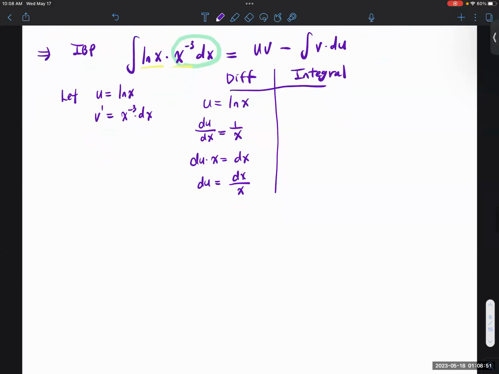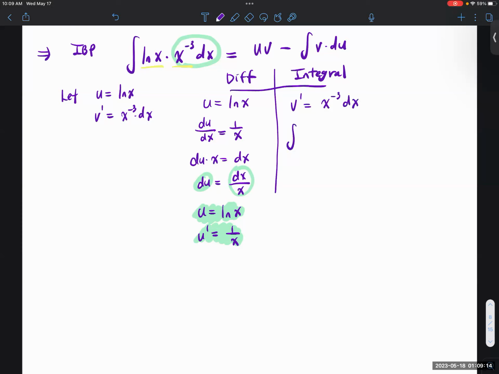So we found that u is ln x, u prime is 1 over x, and du equals 1 over x dx. Good. Take the integral. So v prime is given, x to the negative 3 dx.